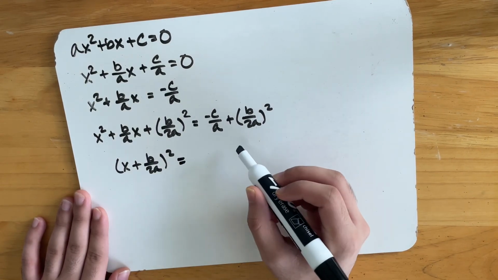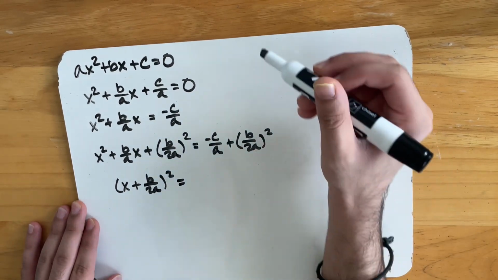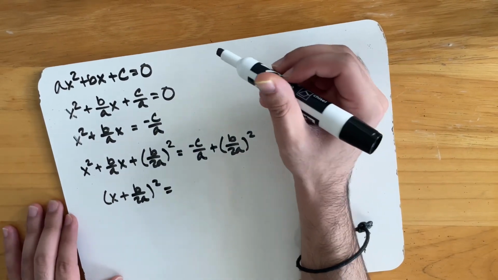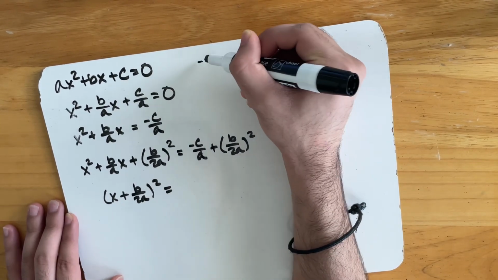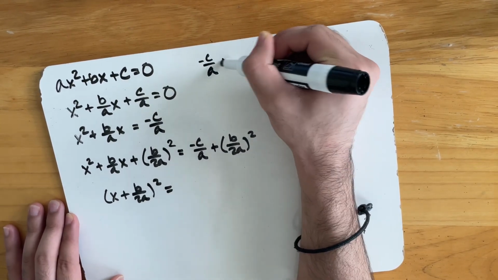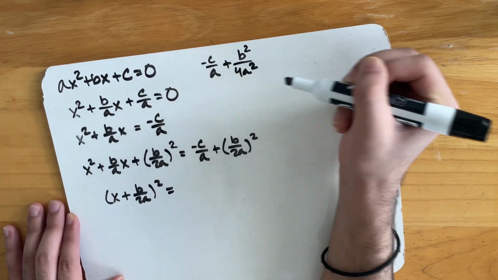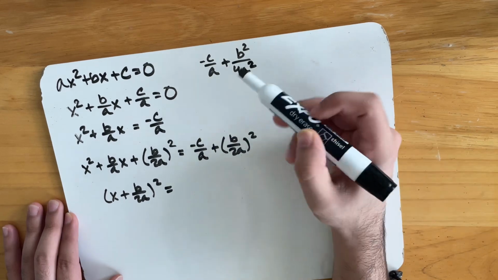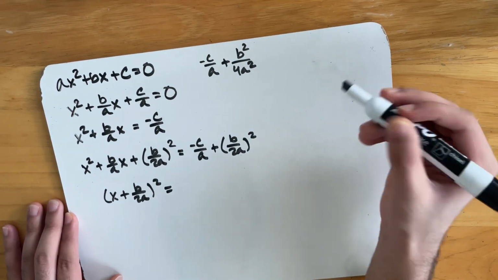Now for our right-hand side, I'm going to pull a big brain move. I'm going to simplify this real quick, because I don't want to keep writing and adding fractions. So first I have negative c over a plus b squared over 4a squared, distributing the exponent. Now for this fraction, I'm going to multiply the top and bottom by 4a to get a common denominator.